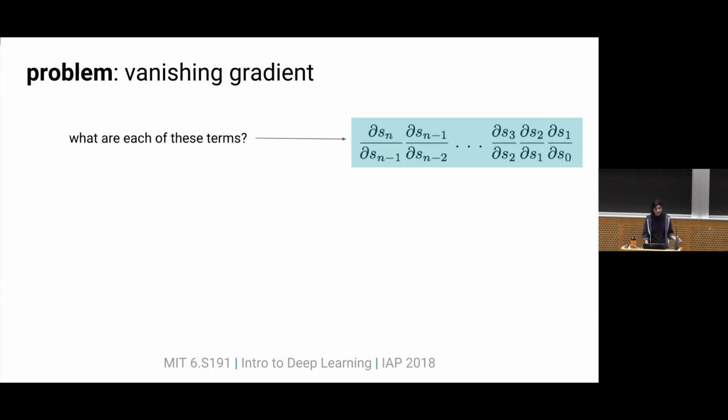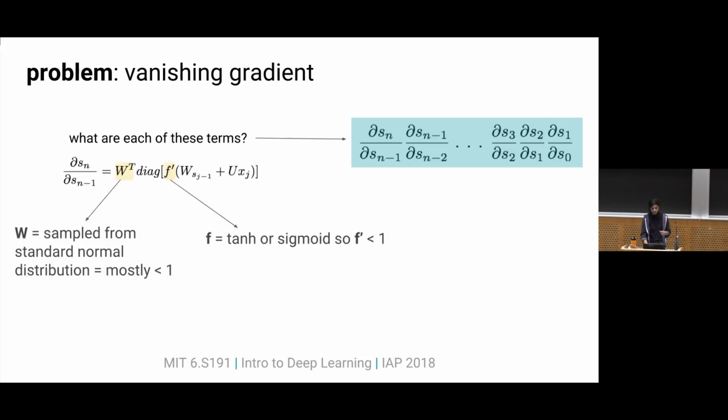And if we look at each of these terms, what are they? They all take the same form. It's the derivative of a cell state with respect to the previous cell state. That term can be written like this. And that actual formula isn't that important. Just notice that it's a product of two terms, W's and F primes. W's are our weight matrices.